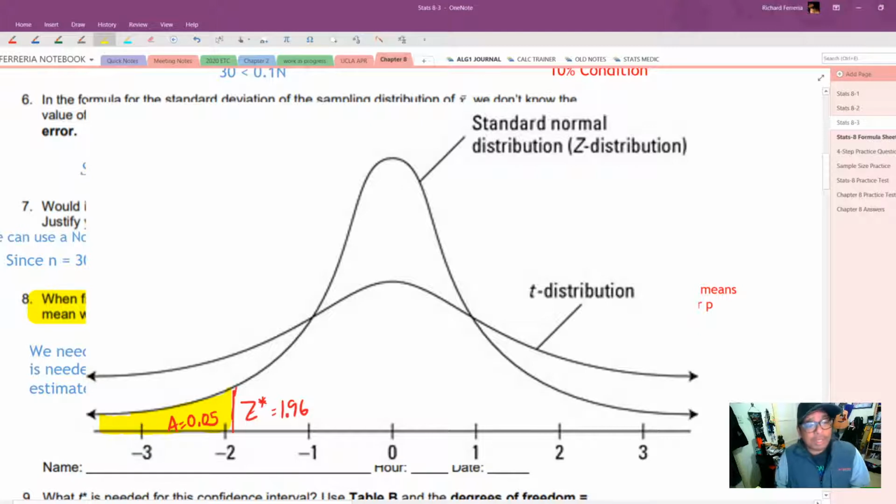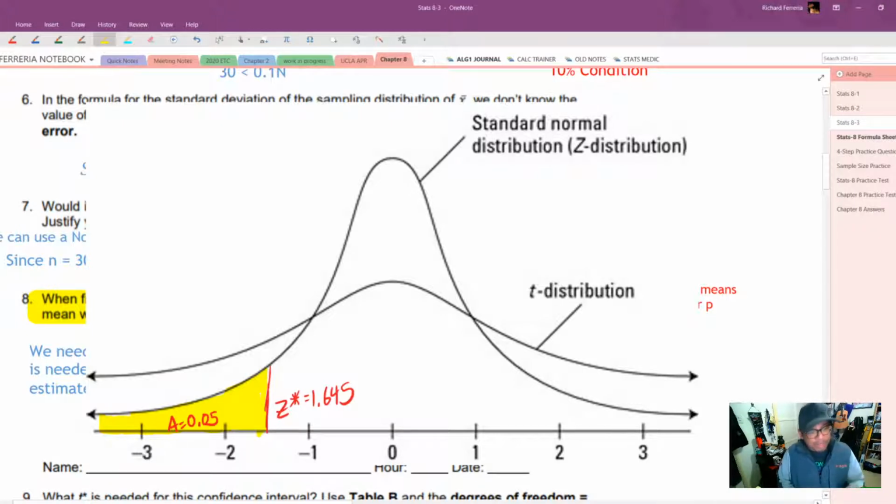Now, if we take a look at the t-distribution, the t-distribution is a lot fatter. I hate to say fatter, but we're just going to say fatter. I made another mistake here, but for a 90% confidence interval, z star is 1.645, and this tail area is 0.05.